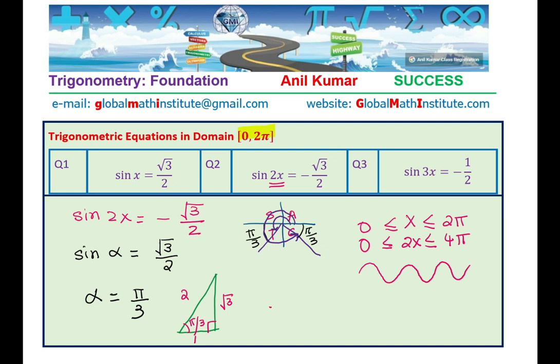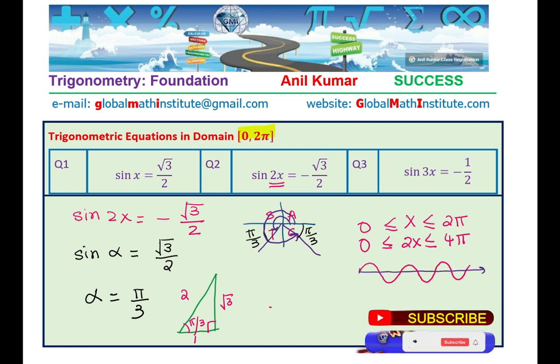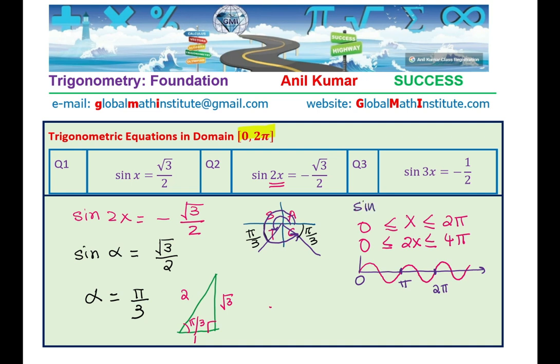I'm just drawing these sine waves to show you that between 0 to 2 pi there will be two sine waves, since sine 2x has two waves within 0 to 2 pi. You can clearly see that square root 3 by 2 in this particular case will have four solutions. So we have four solutions.